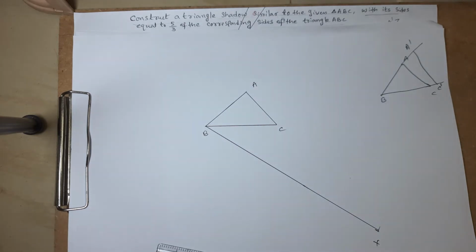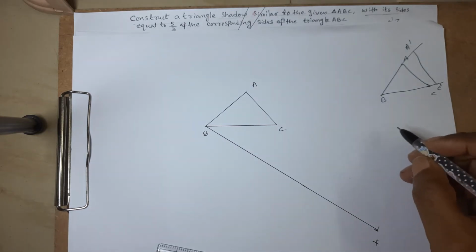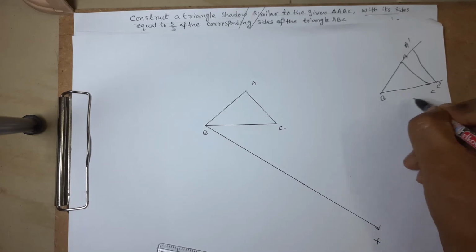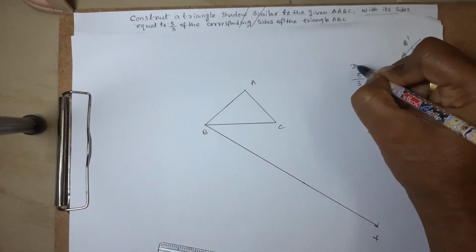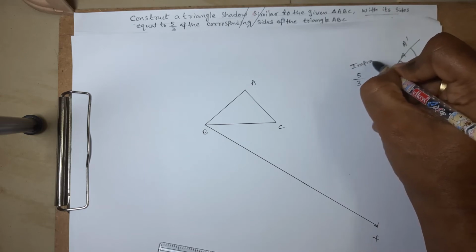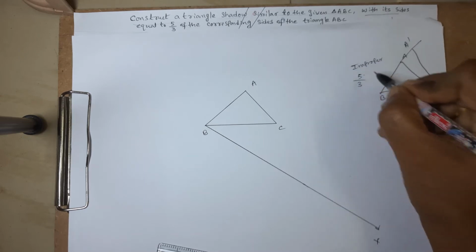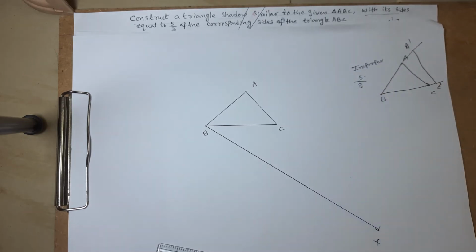Here the ratio of the corresponding sides is 5:3. This is an improper fraction. The numerator is greater than the denominator here. Therefore, the triangle we are going to construct is bigger than the original triangle ABC.